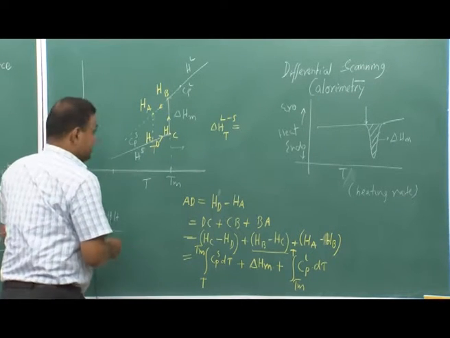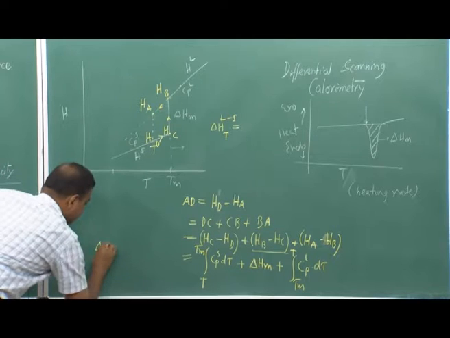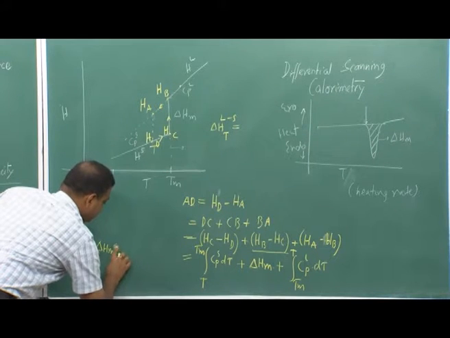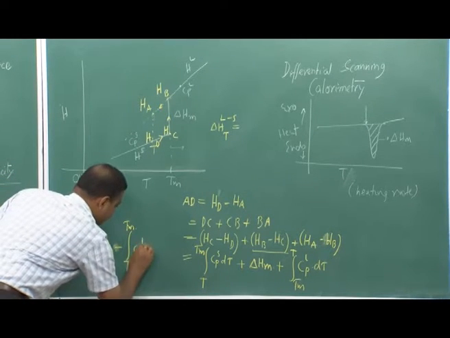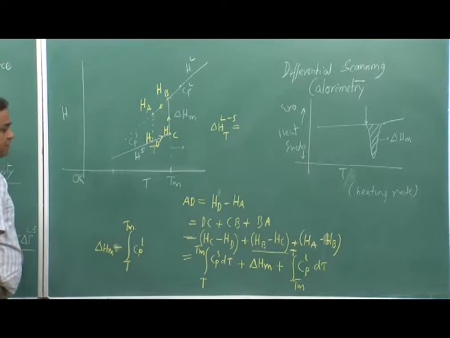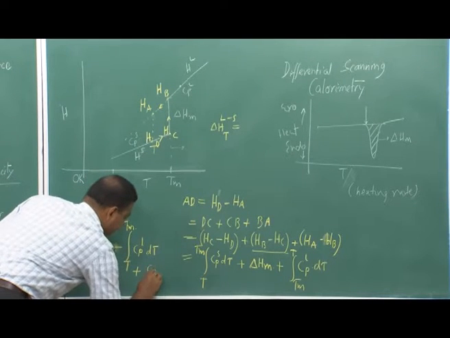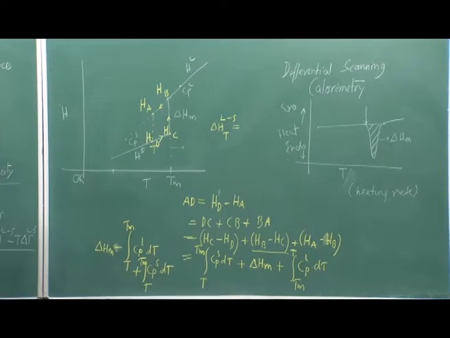So, if I take this particular term, I can put it this way: del H m plus the integral from T to Tm of Cp L dT, reversing the position of the temperature limits, plus the integral of Cp S dT from Tm to T. I can make a little adjustment and I will get this.